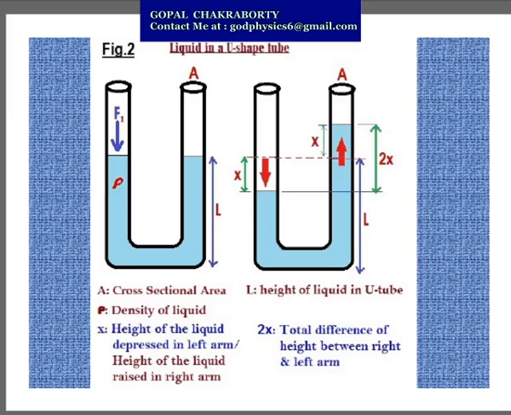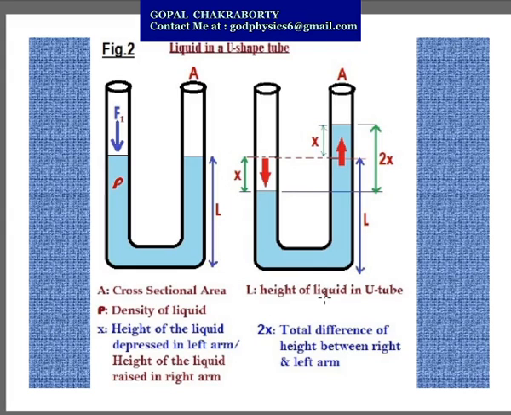You see the diagram. On the left hand side it is shown that before application of any external force on the left arm of the U-shaped tube, the height of the liquid column is L. A is the cross-sectional area, rho is the density. So when you apply a small force on the left arm of the liquid, it will be depressed by an amount x.